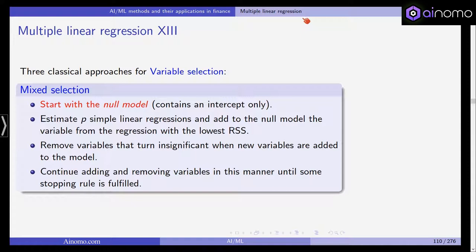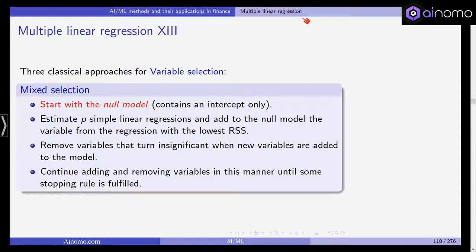I've told you in the last video that you should be careful when including or actually excluding variables from a regression, because it might be that, for example, variable x1 is just picking up the correlation of x3 with the response rather than x1 in the response.